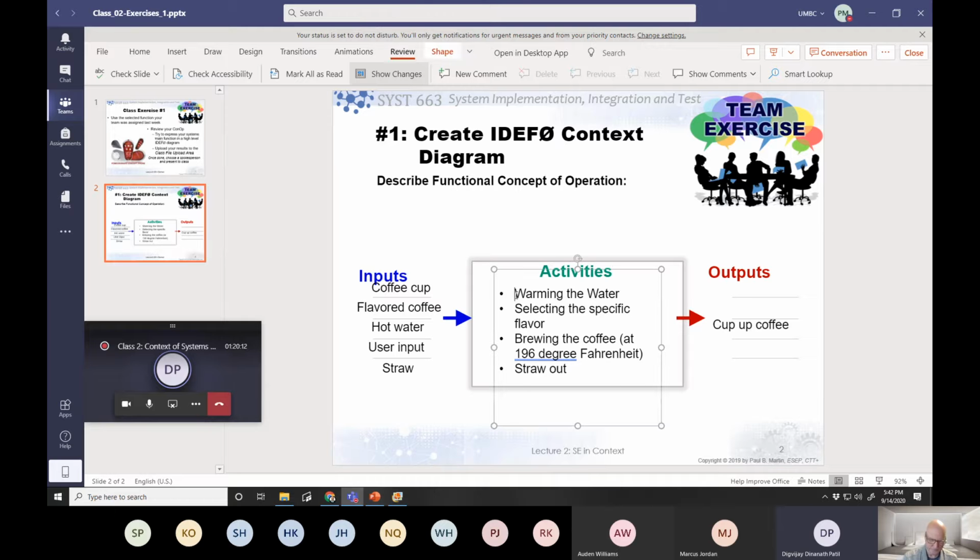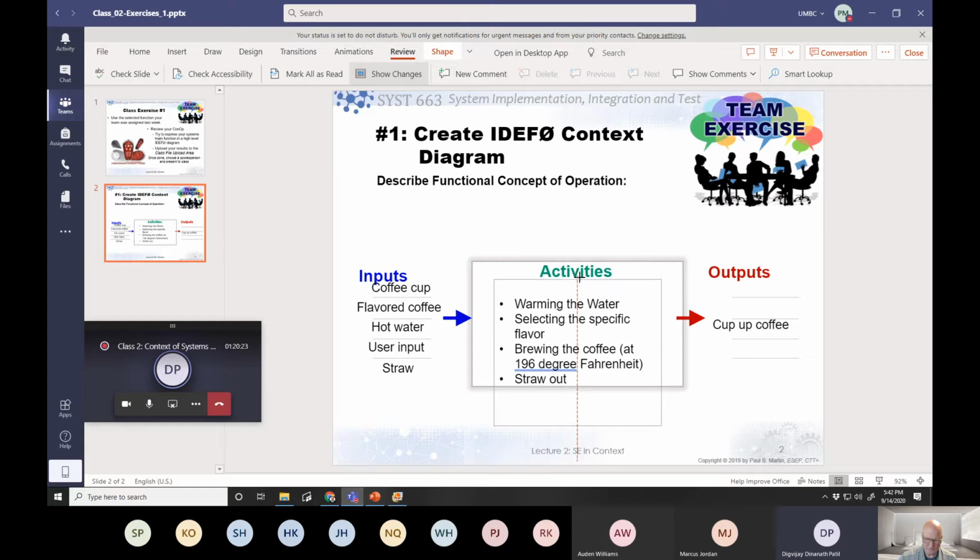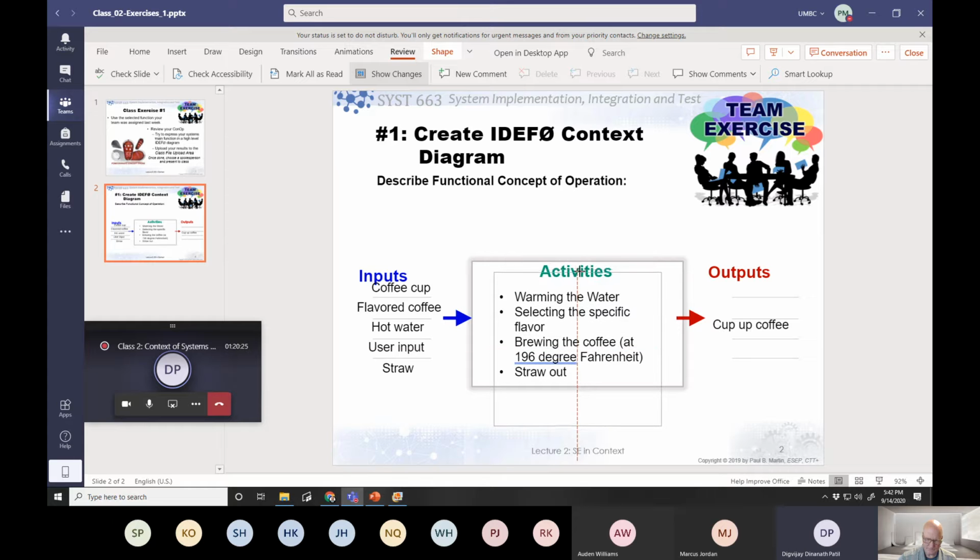I don't know if I should add the Fahrenheit, right? Then the straw process, and then in the output, it just ejects the coffee in the cup.